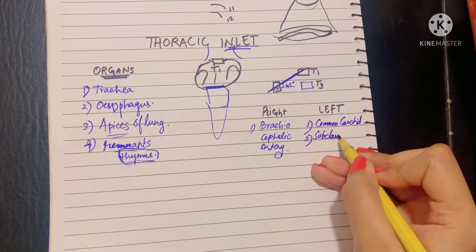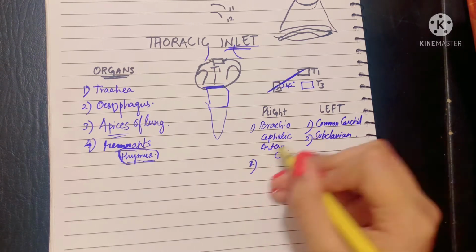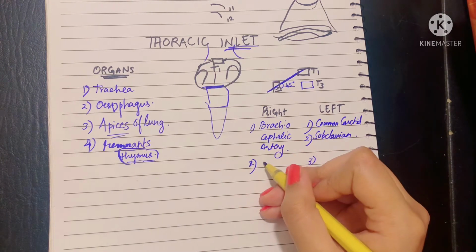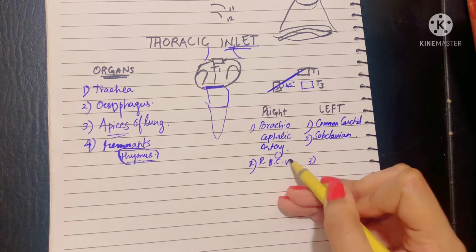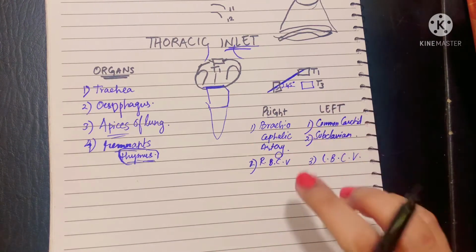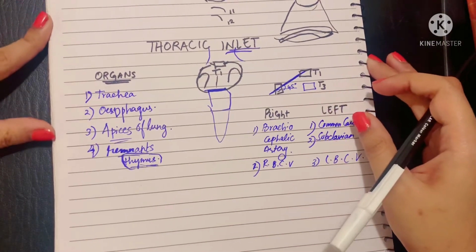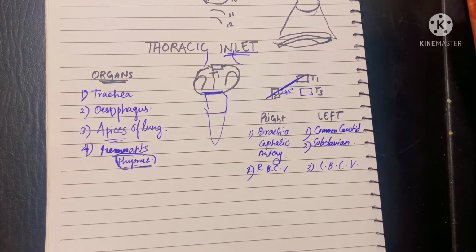What about the veins? The veins are pretty simple. The veins on both sides are the brachiocephalic veins, so the right brachiocephalic vein and the left brachiocephalic vein. These were the large vessels. Apart from this, there are a couple of tiny vessels that also pass through this inlet: right and left internal thoracic arteries, superior intercostal arteries, first posterior intercostal veins, and the inferior thyroid veins.